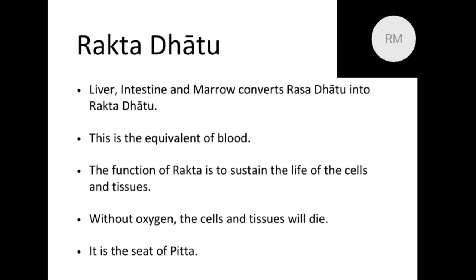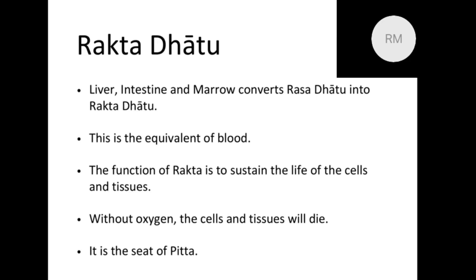So that's the difference between Rasa Dhātu and Rakta Dhātu. Rasa Dhātu is nourishing, whereas Rakta Dhātu is transforming. So we know today without oxygen the cells and tissues will die, and the function of Rakta is to ensure that all cells obtain the necessary oxygen to be able to perform their functions.